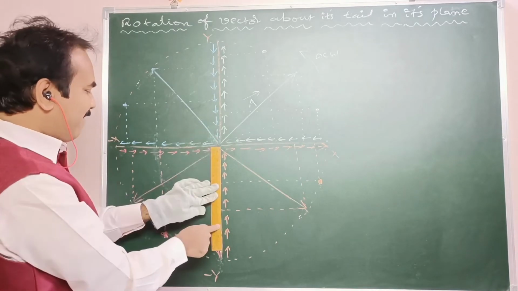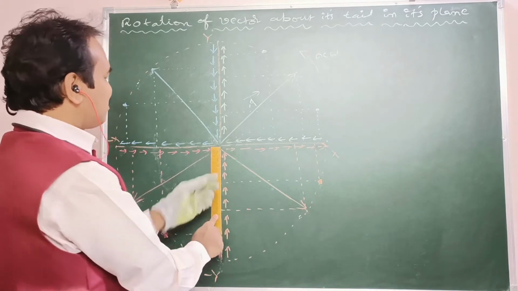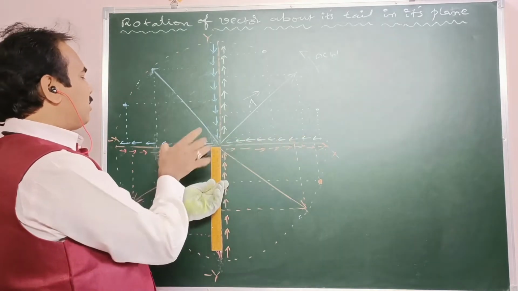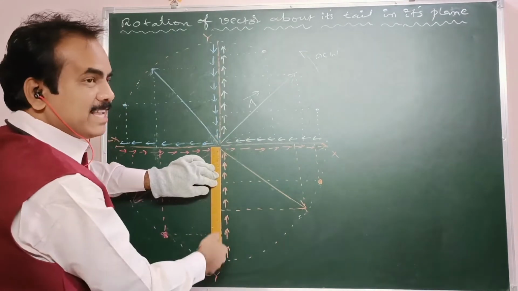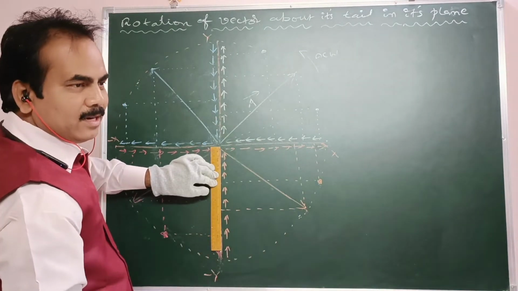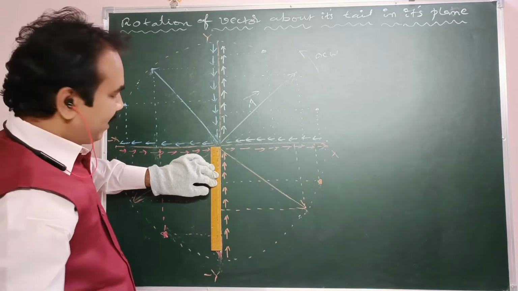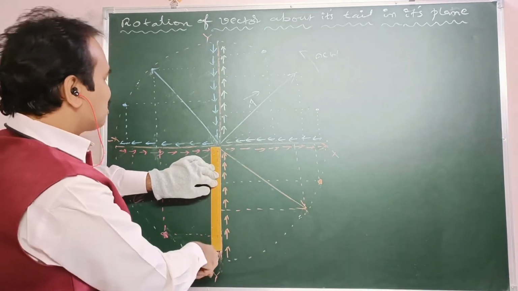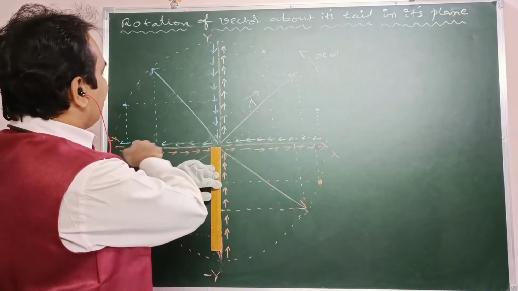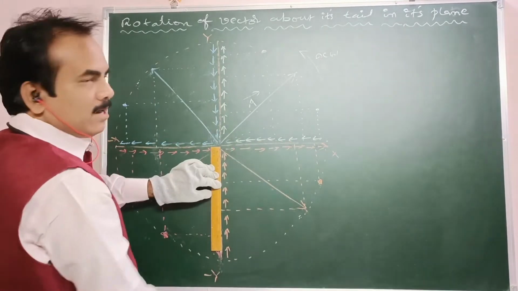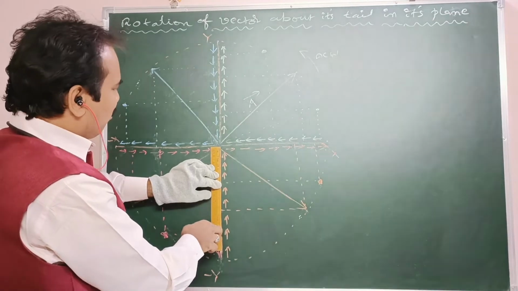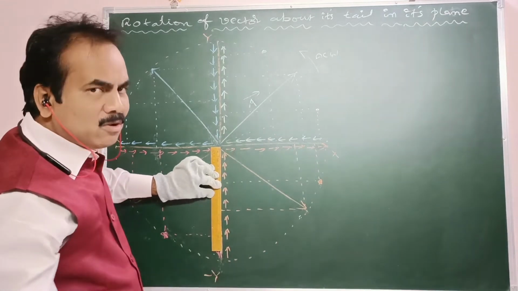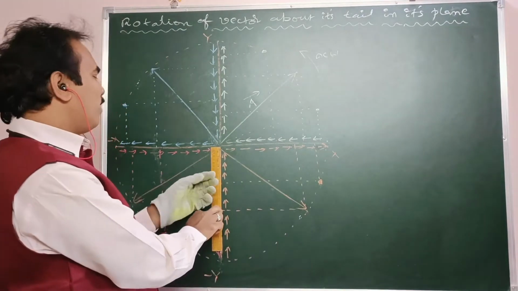See, when the same vector is pointing in the negative y direction, what about x coordinates? 0. Here also 0. Now what about y coordinate? That is equal to the total length, the total magnitude of the vector. So in this position also, in a direction perpendicular to a given vector, it has no components.